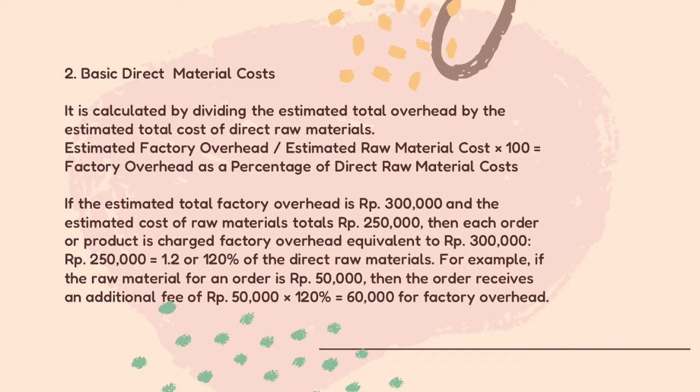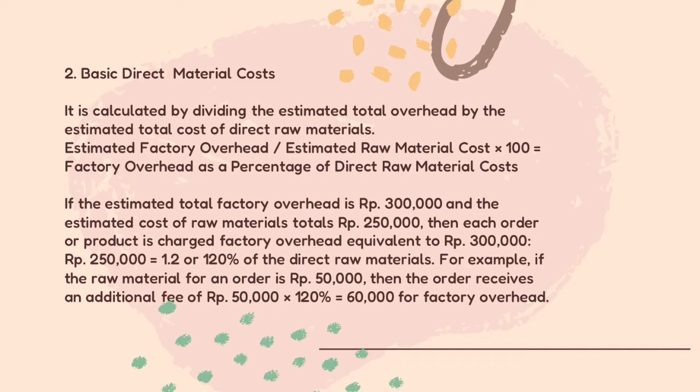If the estimated total factory overhead is 300 rupiah and the estimated cost of raw material totals 250 rupiah, then each order or product is charged factory overhead equivalent to 300 rupiah divided by 250 rupiah, equal to 1.2 or 120% of the direct raw materials.